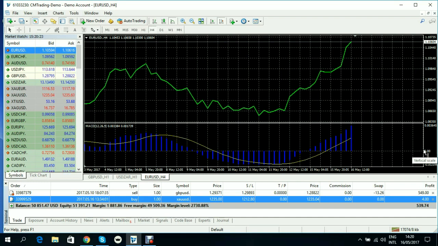There is a zero zone here. Just look at the cursor. You can see this is the zero zone, this horizontal line from left to right.